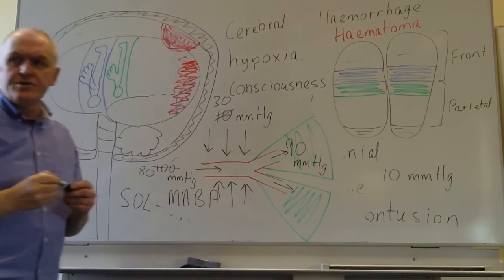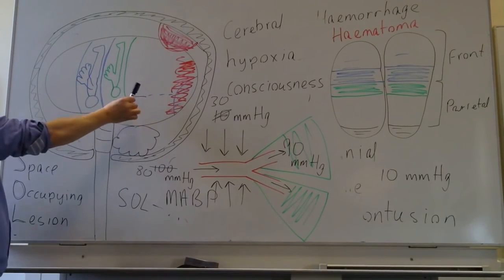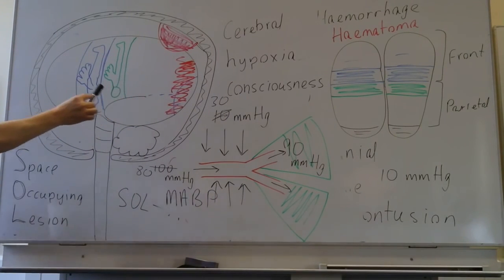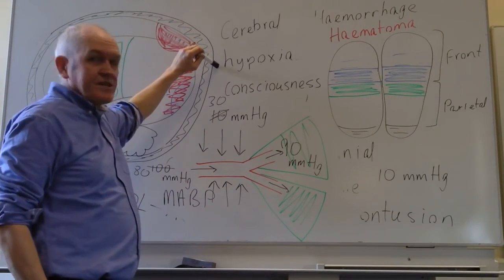Hypoxia means a reduced oxygen level in the tissues. Normally, what's the brain using all this oxygen for? John, what did you say that was again? Cerebral hypoxia. Cerebral means to do with the brain, the cerebrum. Hypoxia is lack of oxygen.